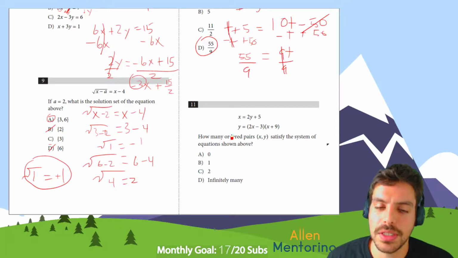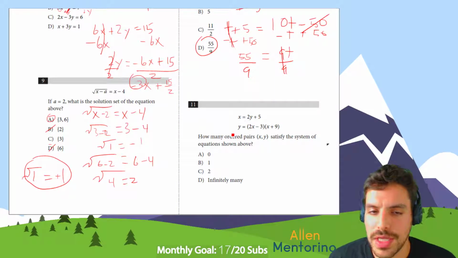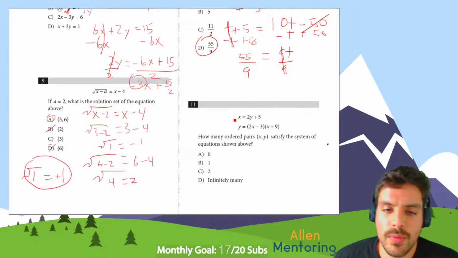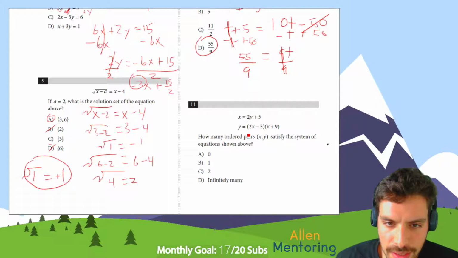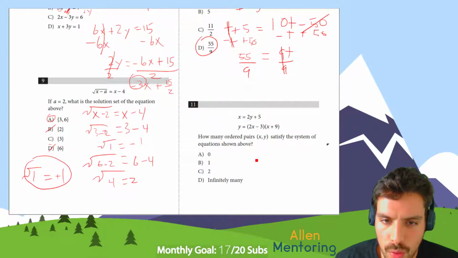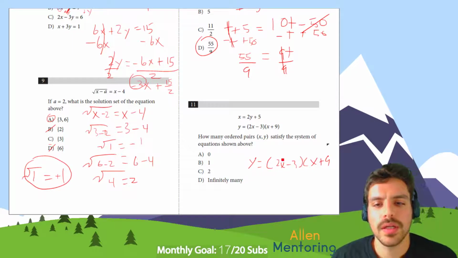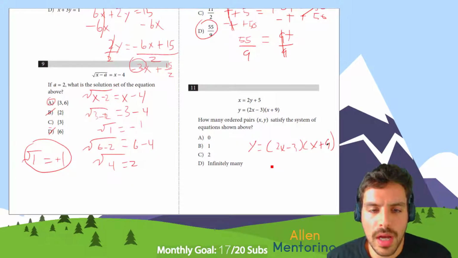They're not saying what it is, just how many. And so the way that we want to find out how many solutions there are, if I expand right here on the bottom, y is equal to 2x minus 3x plus 9. Okay. I'm going to FOIL.